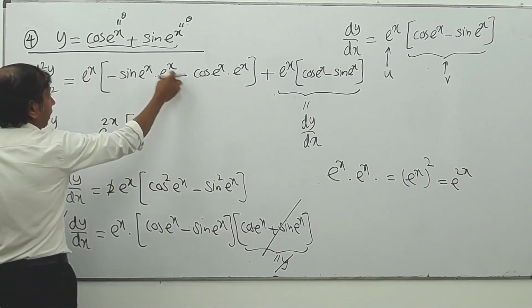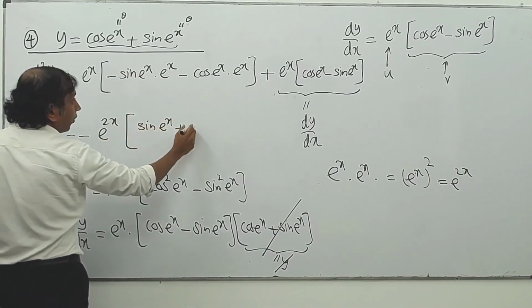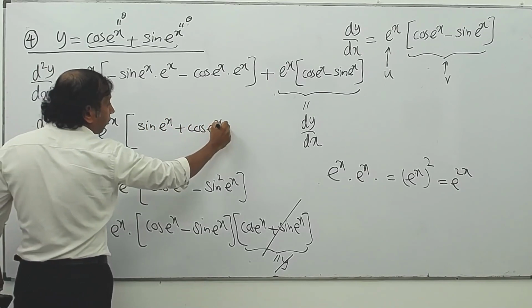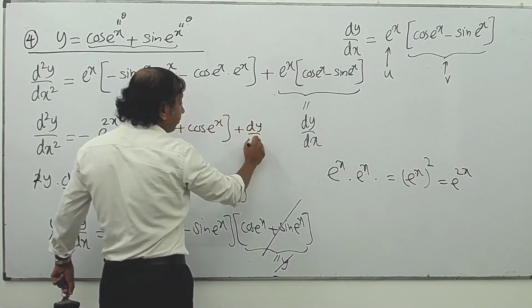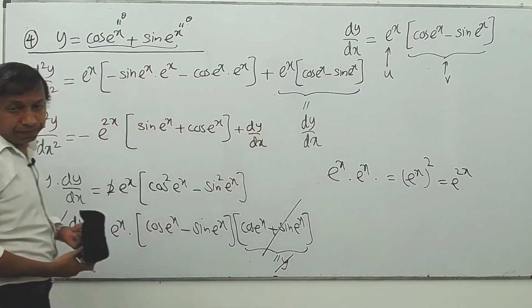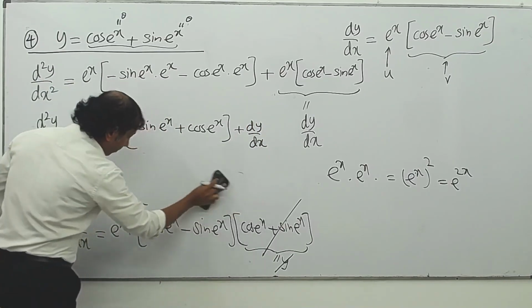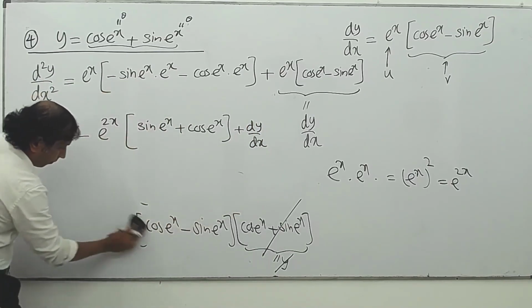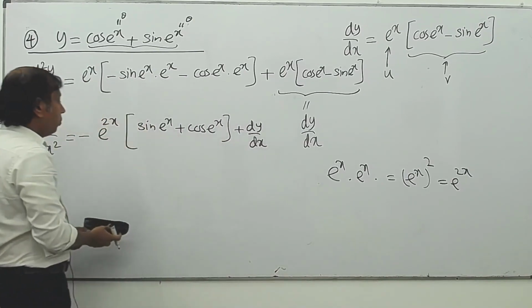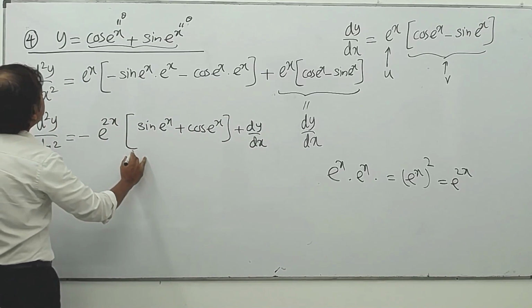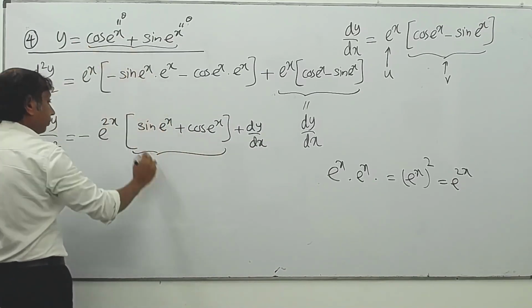Then within the bracket we get sin x plus cos x, and this is dy by dx. Now, what is this? cos x plus sin x.